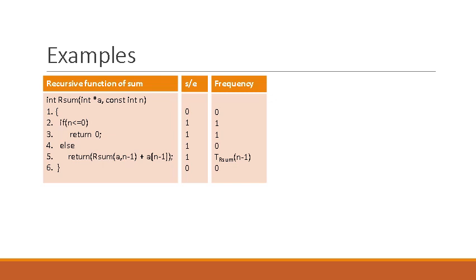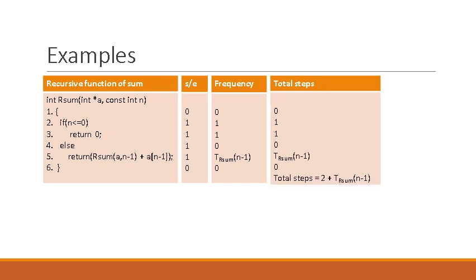Else, t(n minus 1) is the number of times the return statement, meaning this call to itself, is going to execute. So when we add and multiply all of this, we get 2 plus t(n minus 1); this much time is required to execute the recursive function.